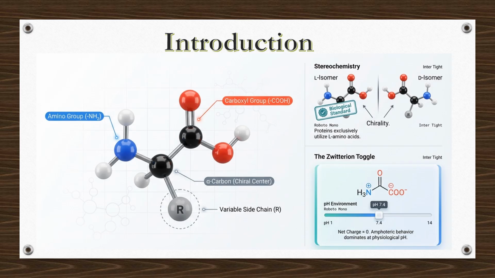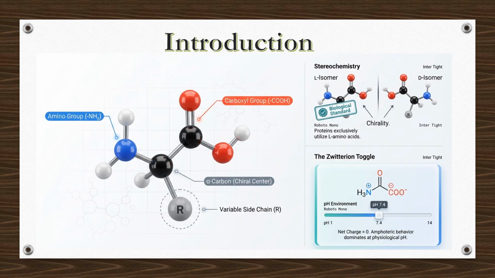We begin our study of proteins at the most fundamental level, the amino acid. This is the general structure of the amino acid. Proteins are built from 20 standard amino acids, known as proteogenic amino acids.